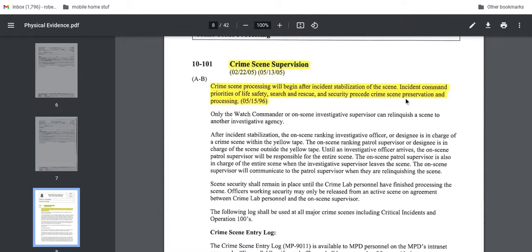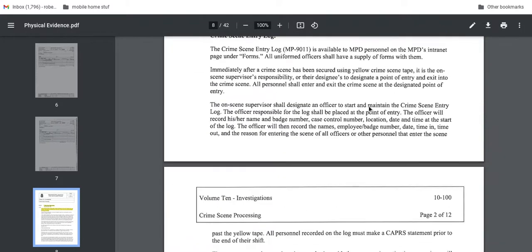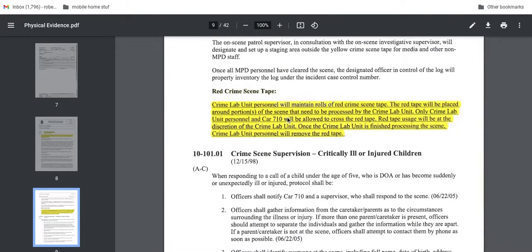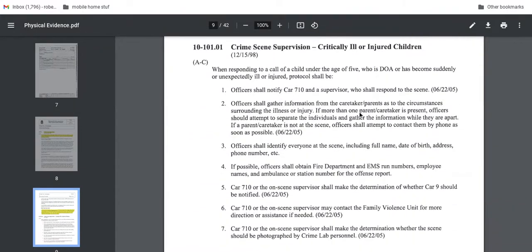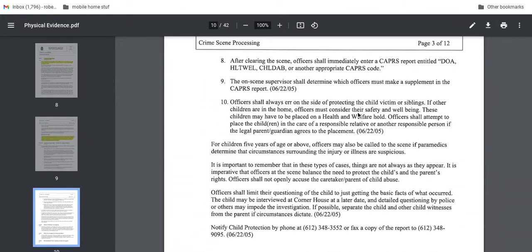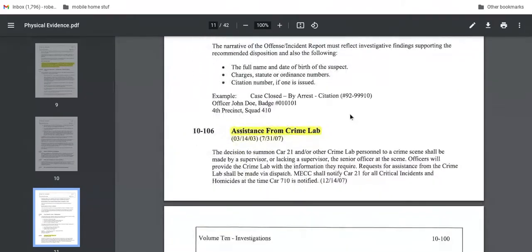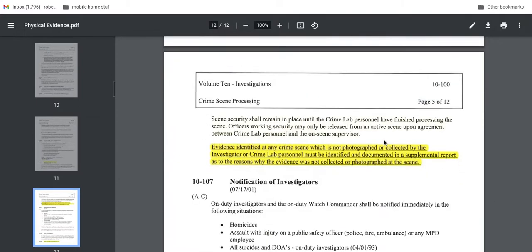You're supposed to preserve and process evidence. Here's the crime lab personnel. Okay, they're the only ones that cross the red crime scene tape, like I said earlier, and then they process that portion of the crime scene. Okay, assistance from crime lab, how to do that and what the rules are.